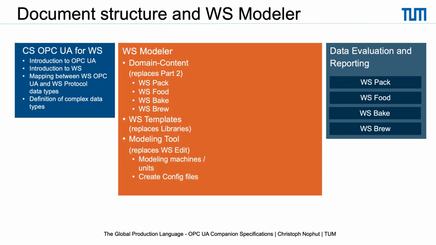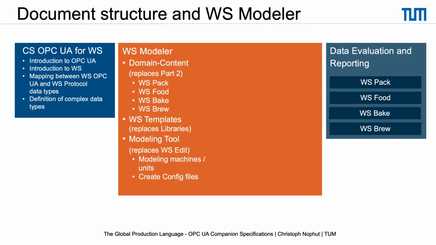The companion specification for OPC UA for the Weihenstephan standards gives you an introduction to OPC UA, to the Weihenstephan standards, and also information about mapping the WS protocol to the OPC UA protocol, and defining the complex data types.